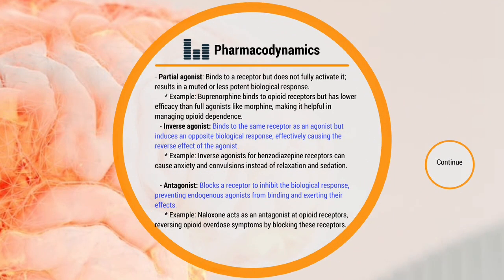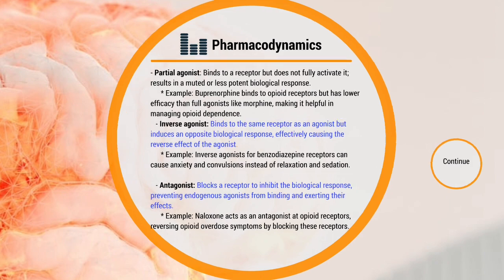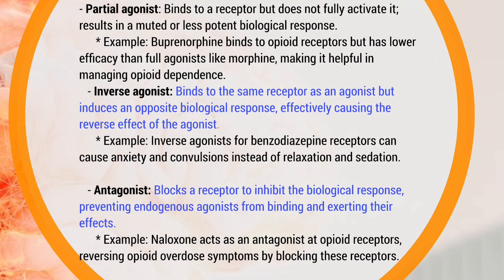Again, think about partial agonism. If an agonist produces a biological response, the partial agonist binds to the receptor but does not fully activate it. It activates just some, resulting in a muted or less potent biological response.